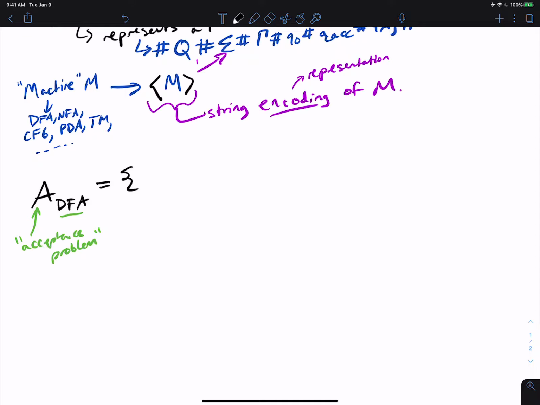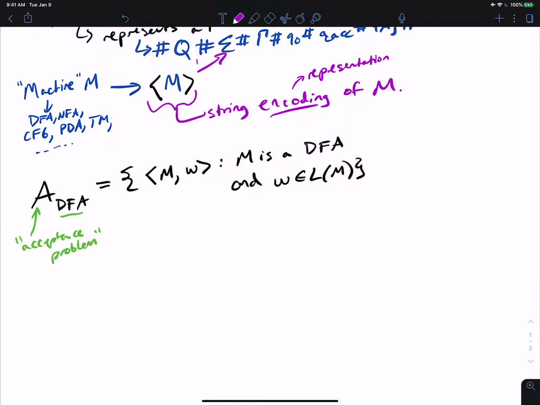And what these strings are is this: M comma W, and I'll explain what that is in a second, where M is a DFA. M without the angle brackets is just the machine itself, not the string. So the machine itself is a DFA, and the string W is in the language of M.